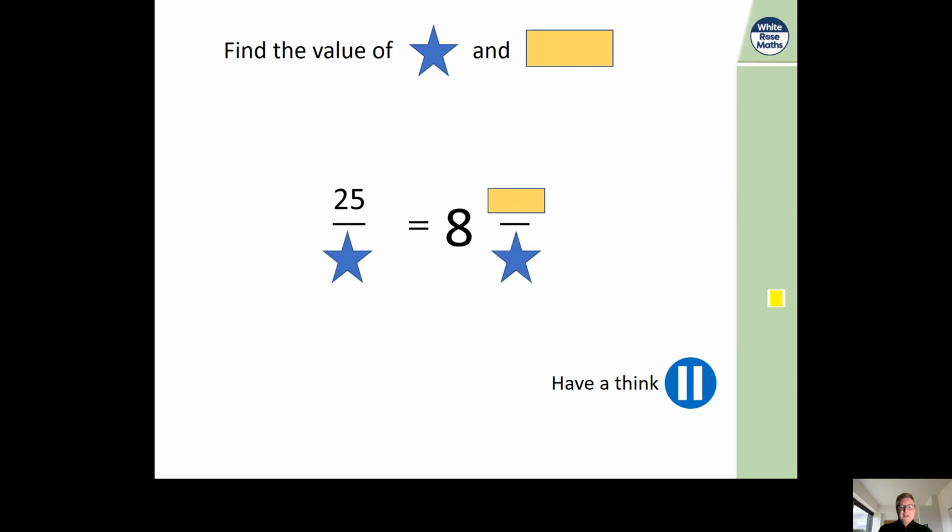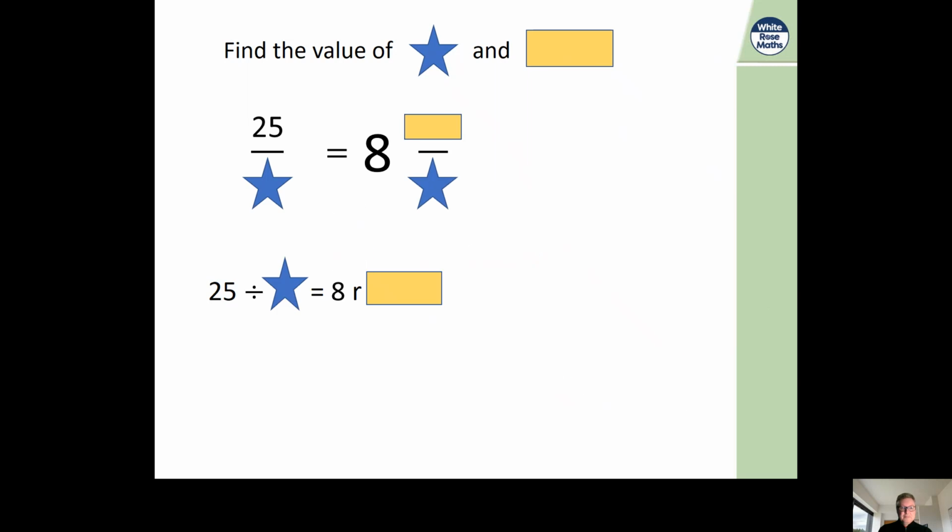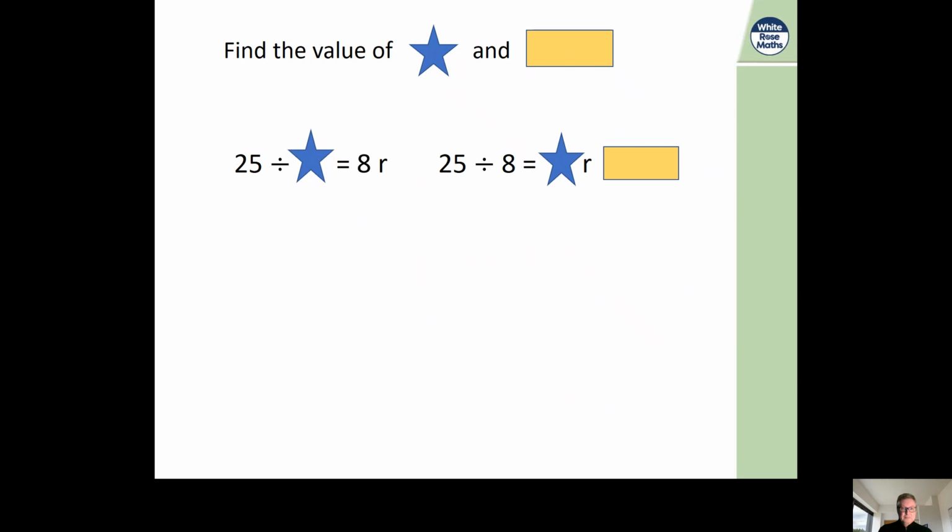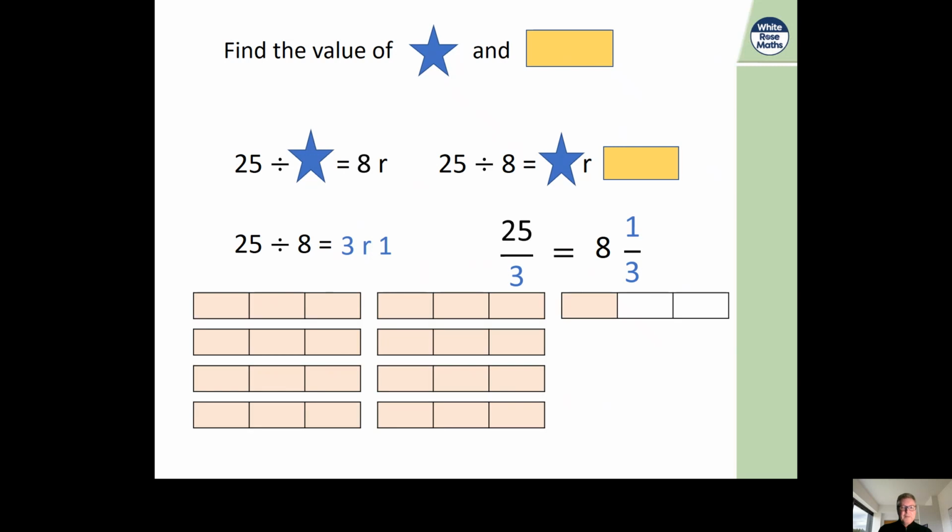Write it out. Visual representation for you here.